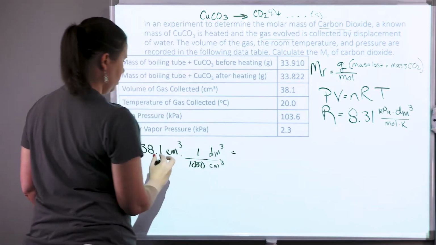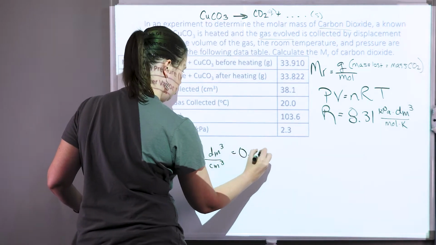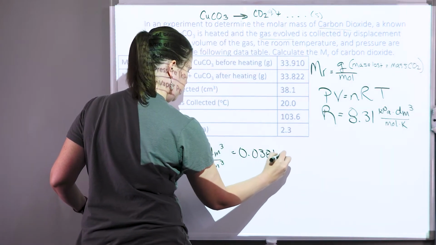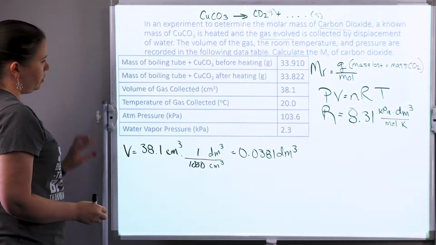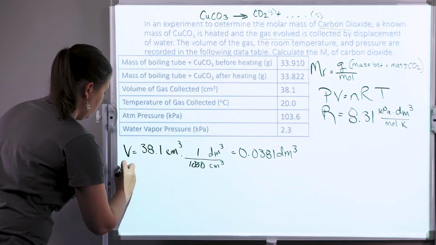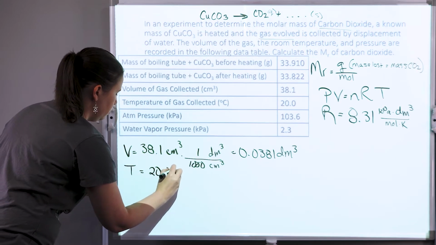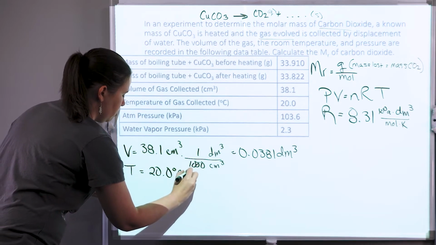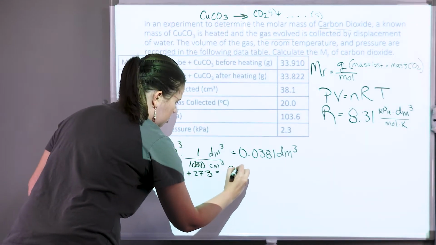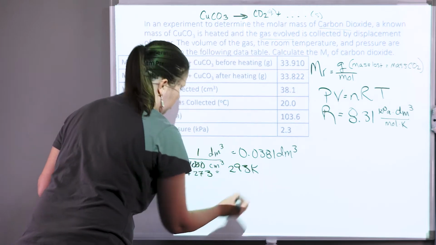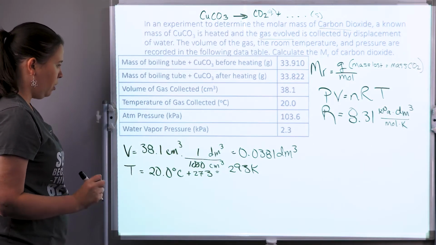All right, so essentially I'm moving my decimal back 3 places. 0.0381 decimeters cubed. Now let's do the temperature. Temperature is 20.0 degrees Celsius, and to convert Celsius to Kelvin, we just add 273, which is going to make this 293 Kelvin, going with 1's place in terms of significant figures.